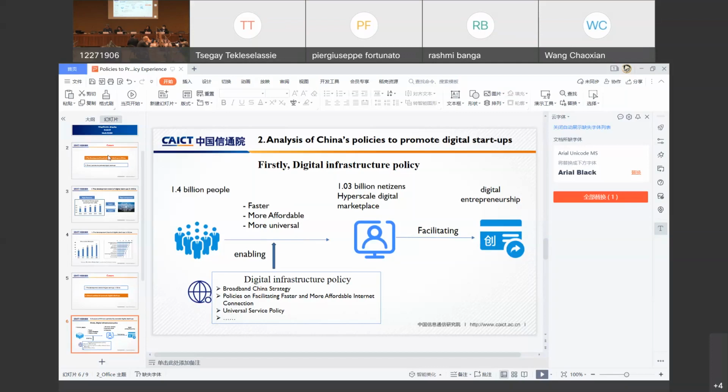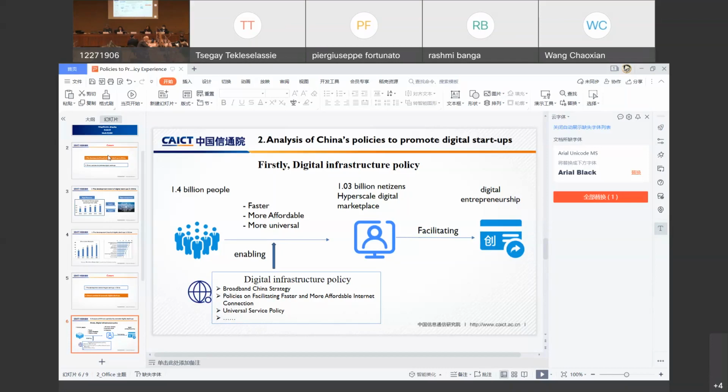For example, in the mass entrepreneurship and innovation policy database set up on Chinese government websites, there are more than 140 policies from 2015 to March 2022. The policies include simplifying the approval process of starting a business, optimizing the business environment, supporting graduate entrepreneurship, building demonstration bases for entrepreneurship and innovation, and so on.